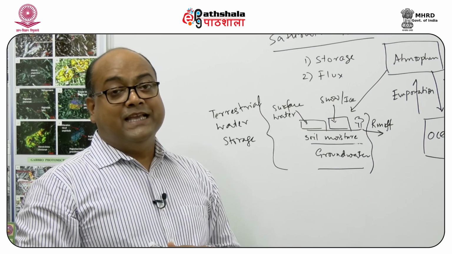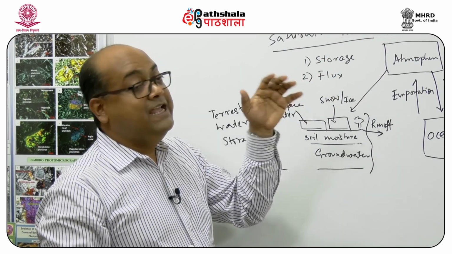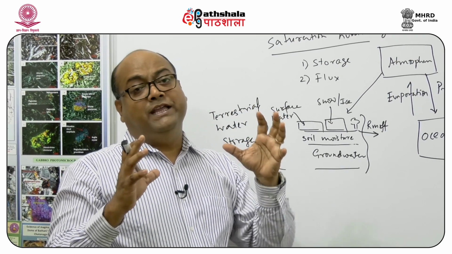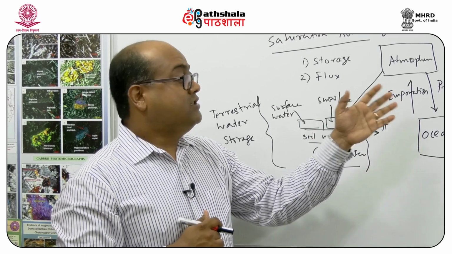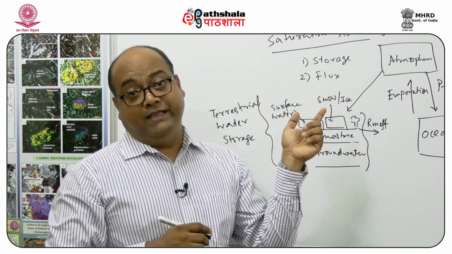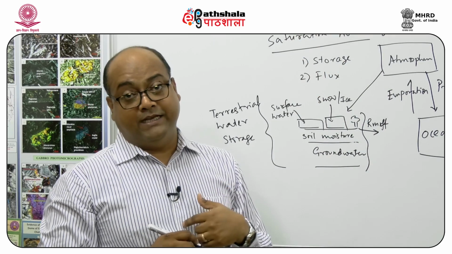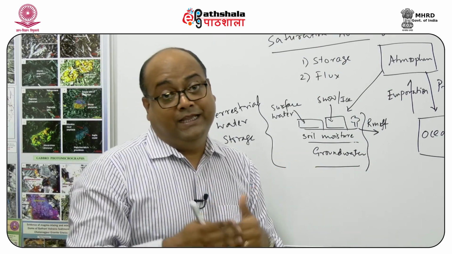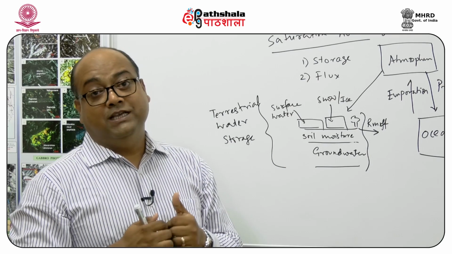Whenever we say the relative humidity is 100%, it means that the air is holding water at its maximum capacity. The process of evaporation only takes place when the relative humidity is less than 100%. The moment the relative humidity reaches 100%, evaporation ceases.